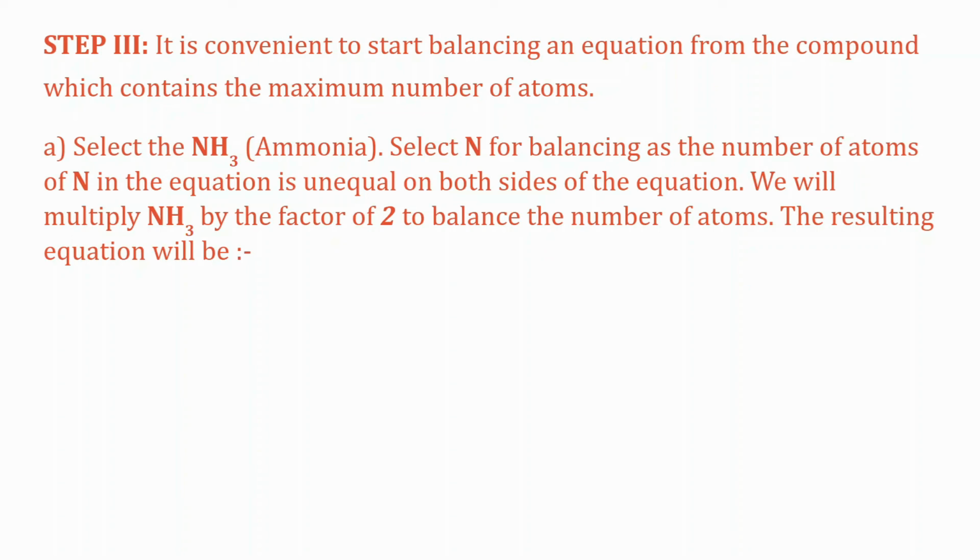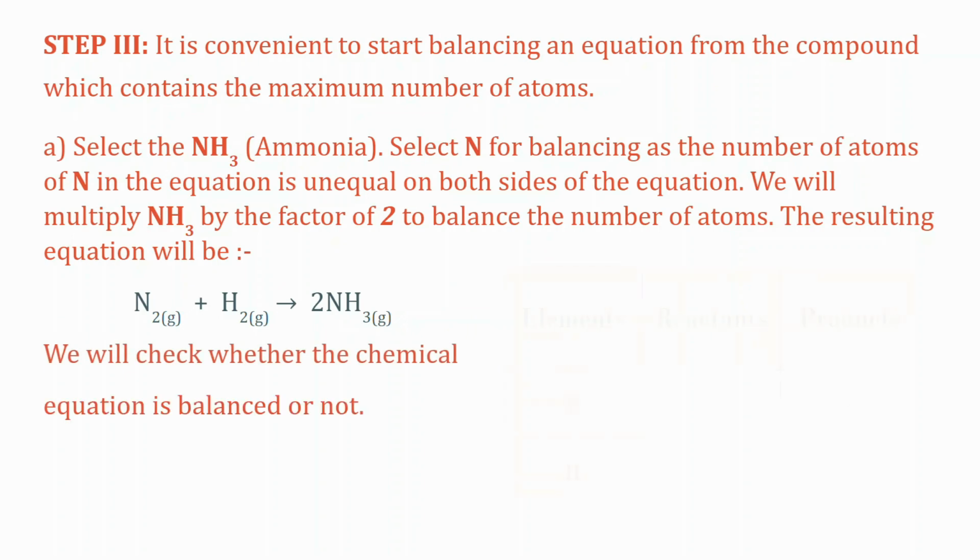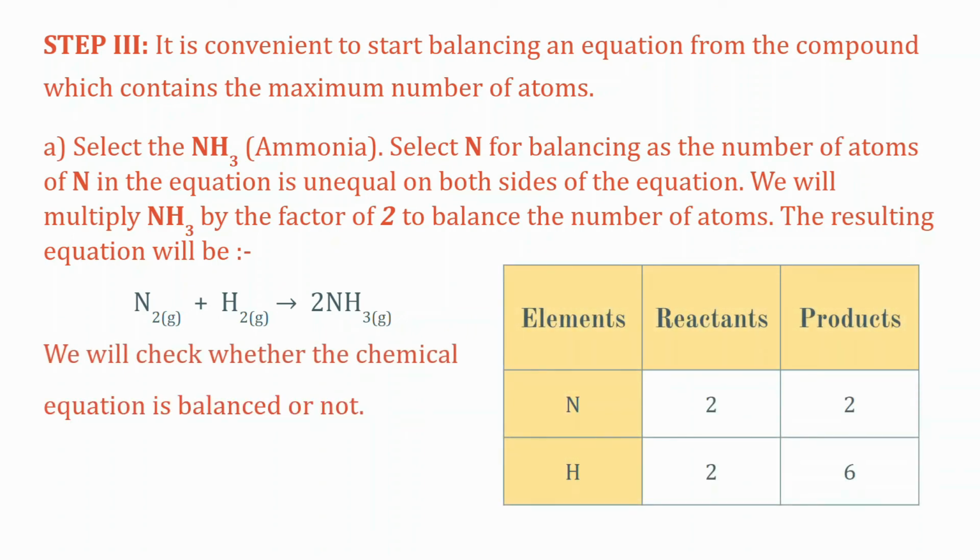See whether it is unequal or equal on both sides. If it is unequal, as shown in this reaction, then multiply it with a factor of 2, which will balance the equation. You check whether it is balanced or not. Now you can see that nitrogen is completely balanced, but hydrogen is still not balanced.